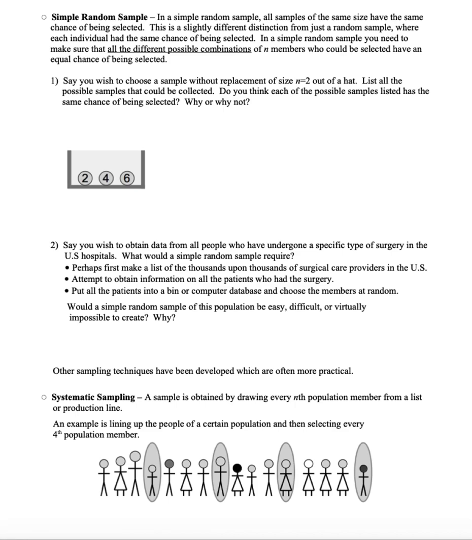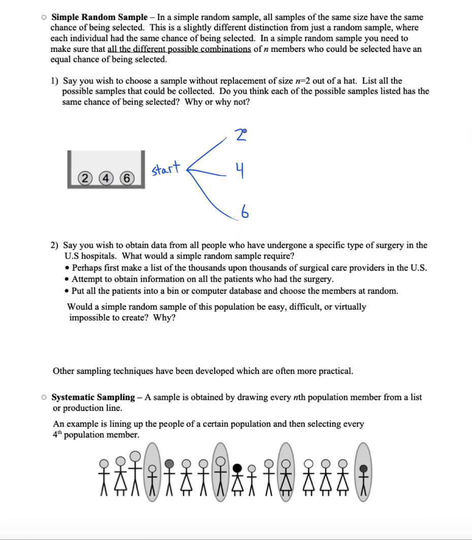Now, let's take, for example, this case of pulling 2 balls out of a bucket. Now, one way to find the different combinations that could come up would be to do a tree diagram. All right, so in a tree diagram, we start here on the left and branch off into the different things that could be chosen. So we could pick a 2 or a 4 or a 6 on that first pull.